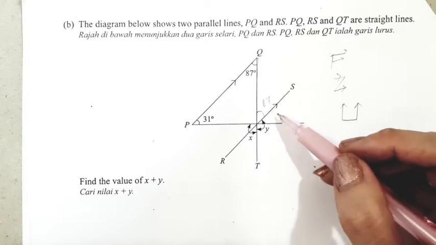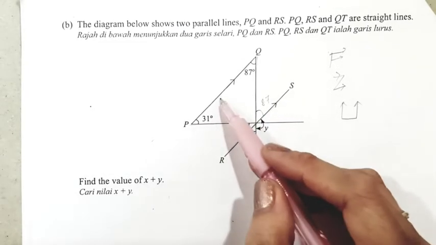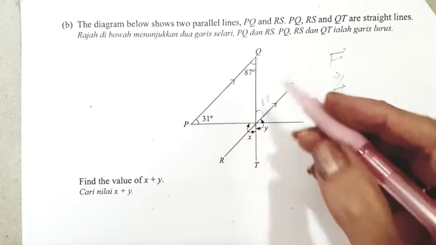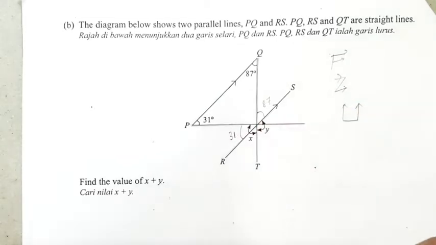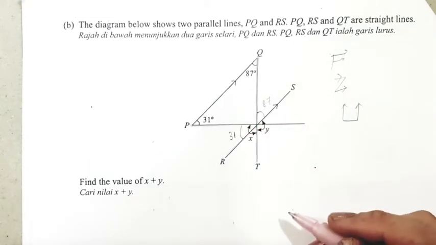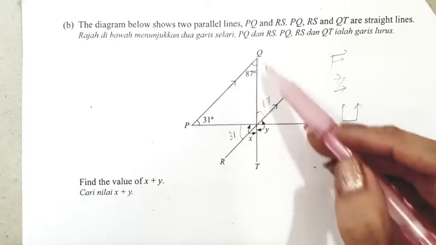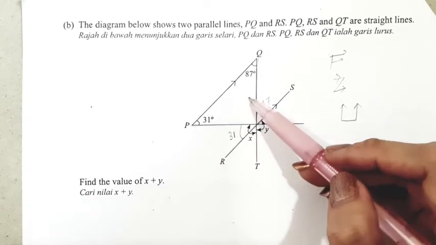And then let's look at, what about this one, the 31? I found another zigzag, right? Can you see that? So this is 31. Okay, and if this is 31, what else? Yeah, this is the triangle, and basically x is the exterior angle for the triangle.